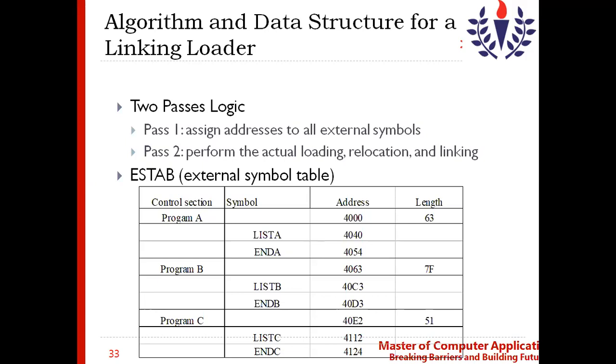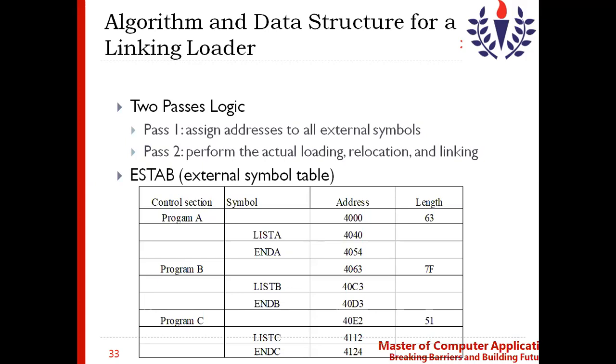Since the program's load address is known, the actual address of the symbols can be calculated. That's how we get the address of each and every symbol. So this is the entire structure of the ESTAB, and it has to be created at the time of pass 1.